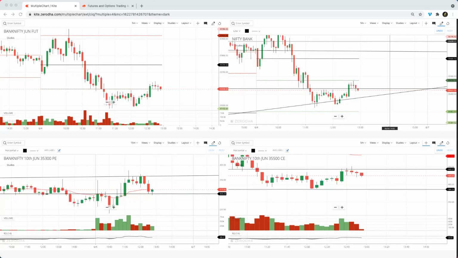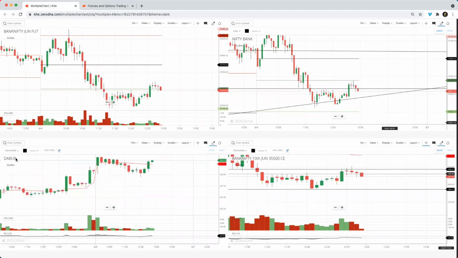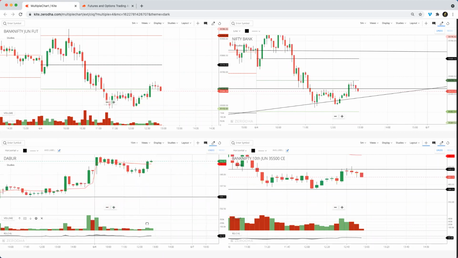Right now, the market looks like it's taking a turn against us. We'll reach a resistance of 548. So it's approaching a good resistance level.